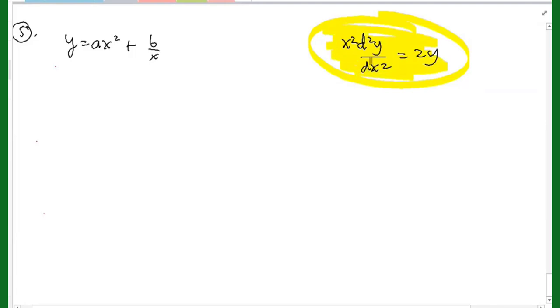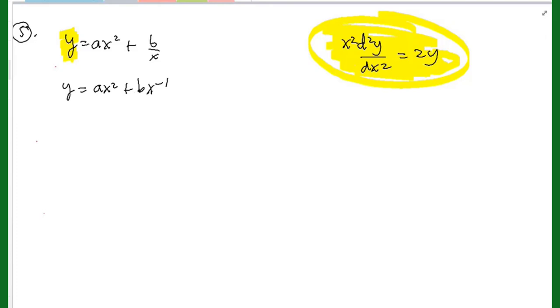We have to get rid of a and b, and we go until the second derivative. Before differentiating, adjust to a x squared plus b x power negative 1. So differentiate for the first derivative dy dx. This is 2ax minus b x power negative 2.